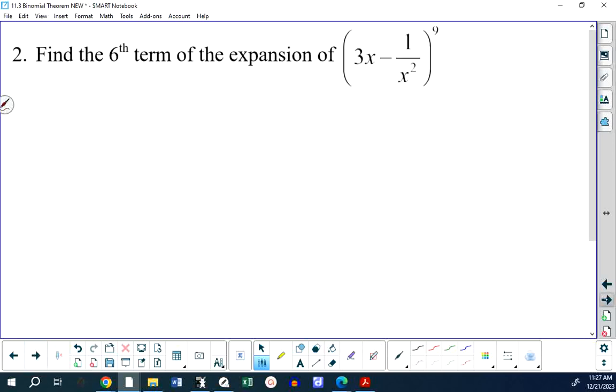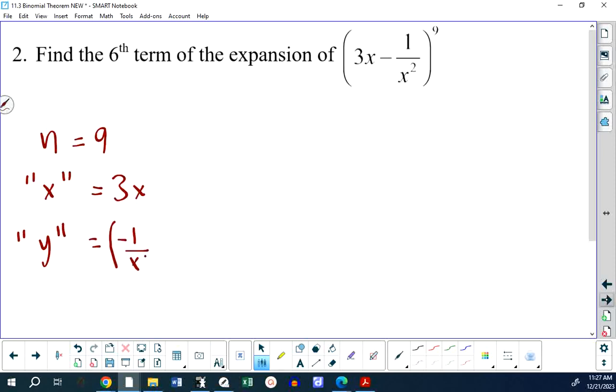All right. What is the 6th term of this expansion? Well, n is equal to 9. My x is equal to 3x, and my y is equal to negative 1 over x squared. Why not?